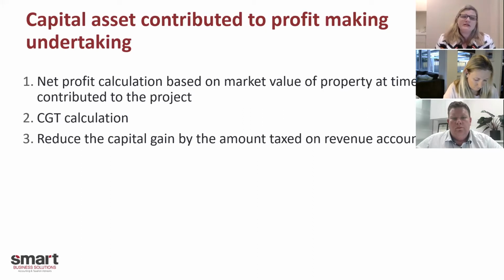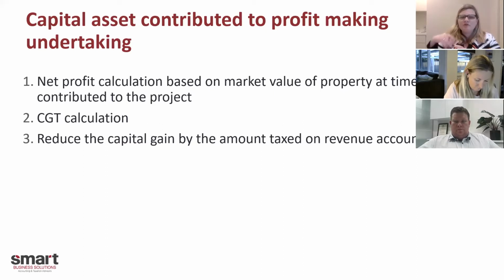So at the time we started this profit-making undertaking, what was the market value of the property? That becomes the base for calculating your profit on what we call revenue account.